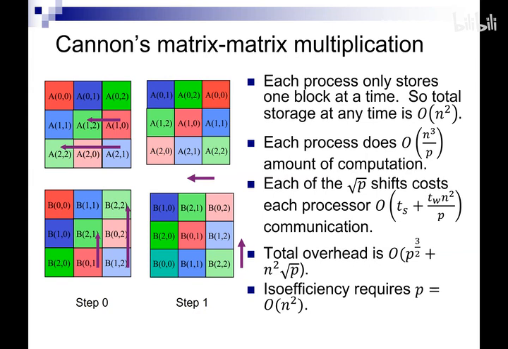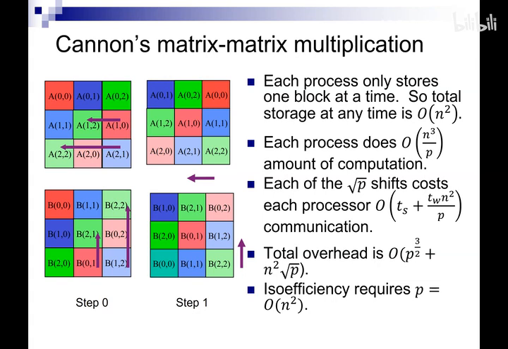we have root P stages of Cannon's algorithm. And in every stage, each process only stores 1 block of A and 1 block of B. Each block has size n squared divided by P. So at each stage, the P processes together store n squared values.